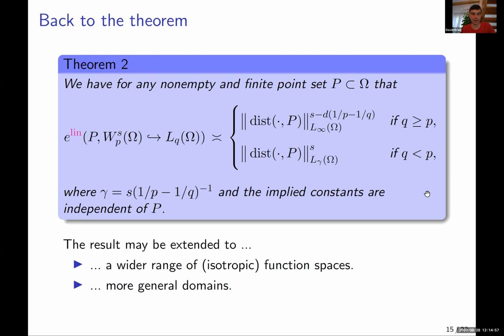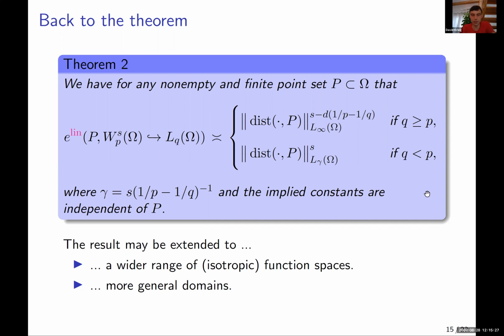And actually, you may generalize this result a little. First of all, I considered integer smoothness, but you can do the same for fractional smoothness. I don't know if you know Sobolev spaces of fractional smoothness, but they don't give any further problem. You can also generalize it to p and q smaller than 1, where you only have quasi-norms.